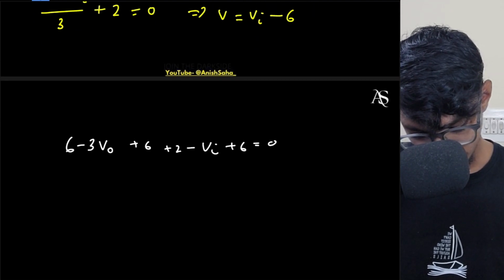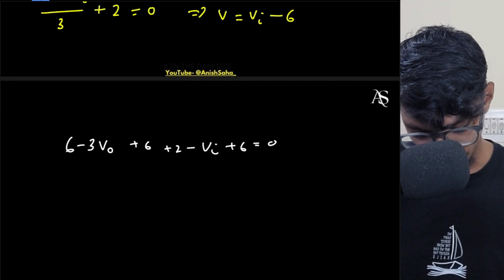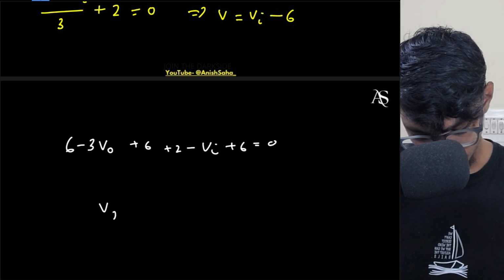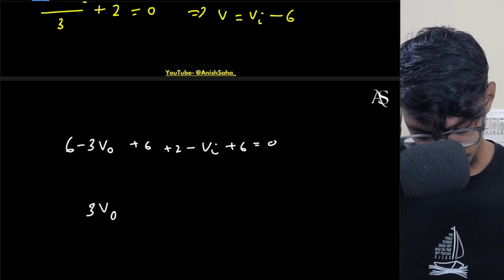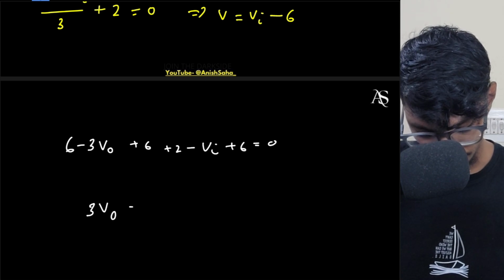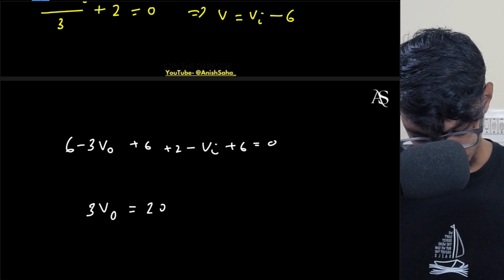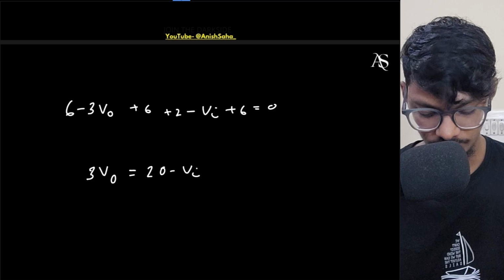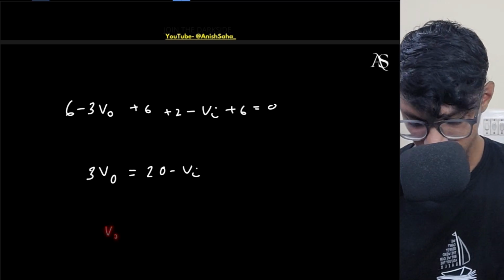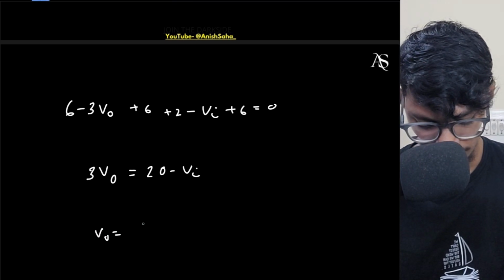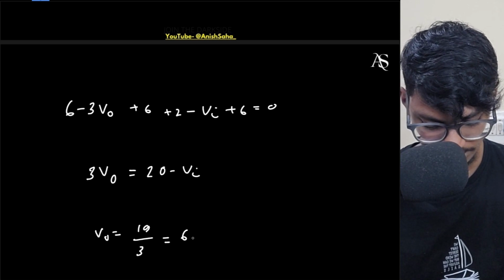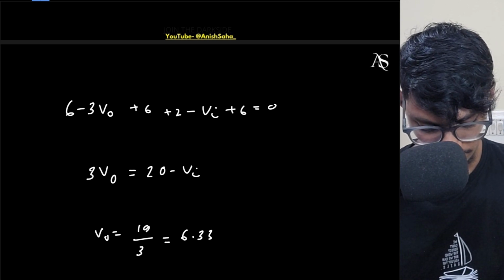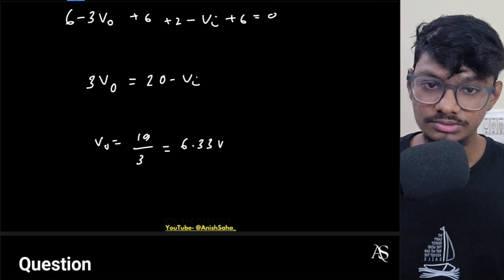So what do you get? So basically you get your V naught something like this. You have on one side 3 V naught, and another side you have 6, 6, 12, 14, 20. 20 minus Vi. So this value will come out to be V naught equals to 19 divided by 3. So it will be 6.33 volts.